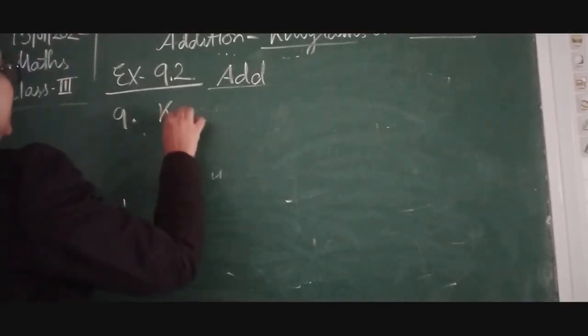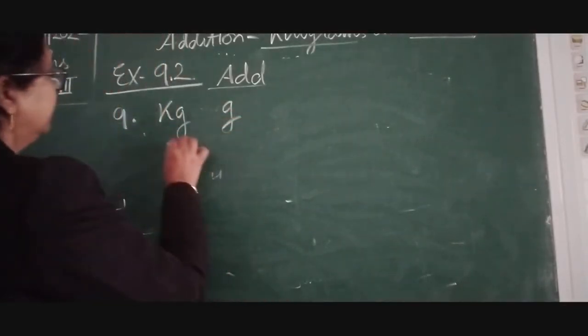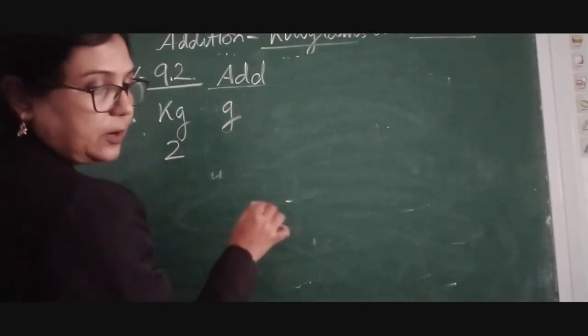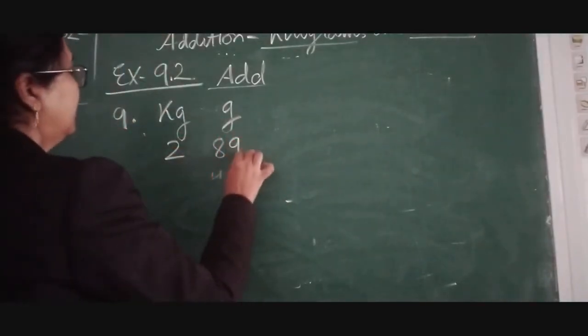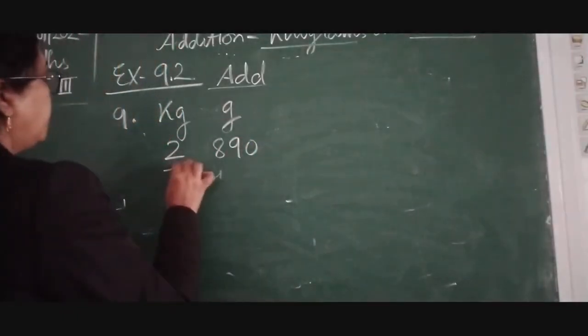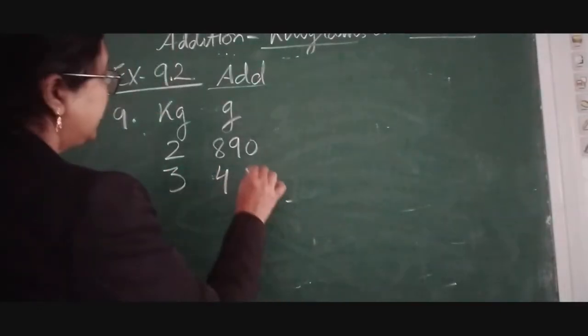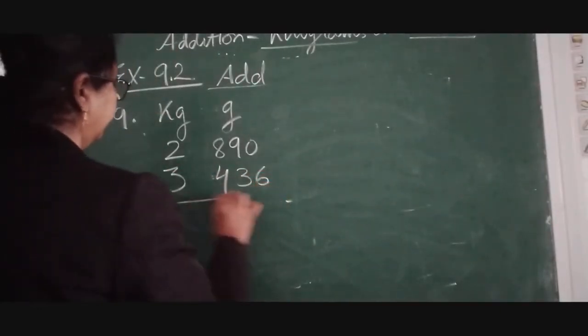So we will write kg and gram, that is 2 kg 890 gram and here 3 kg 436 gram.